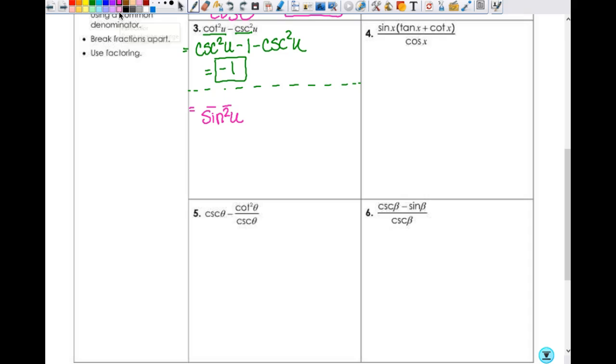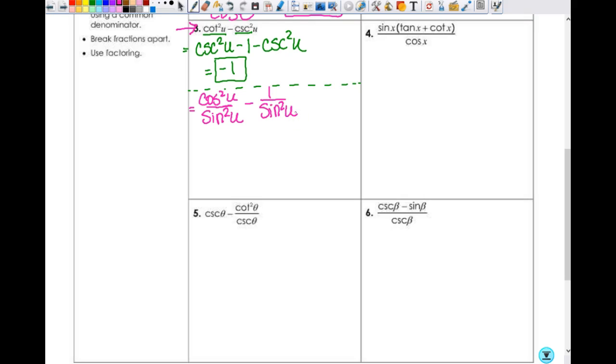All right, so my cotangent squared was going to be cosine squared u over sine squared u. Everybody with me? Okay, because I'm really starting at the very beginning. All right, so that's just made the first one into a quotient. So then minus cosecant squared, so that's minus 1 over sine squared u.